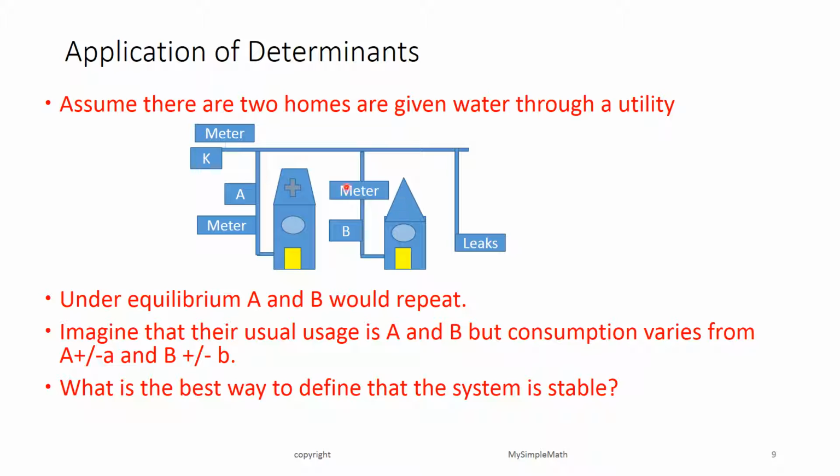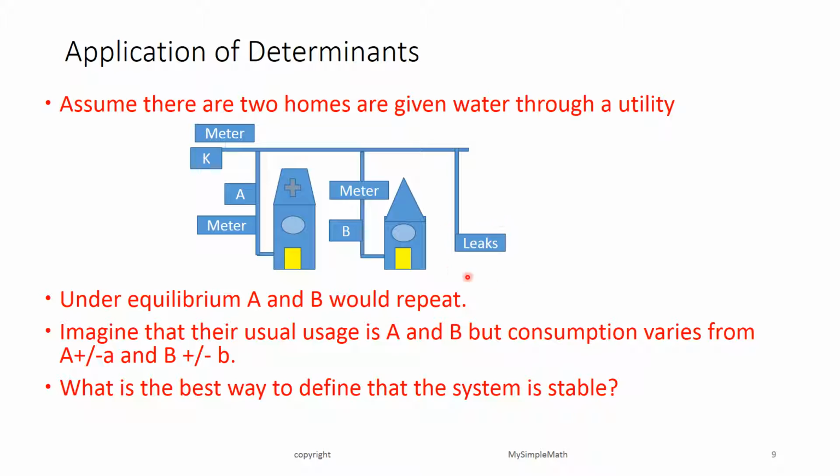And these are being supplied by bulk fill, which has a meter also called K. So negative consumption is not allowed. Negative consumption, obviously, you can't have water going from here to here. So it's just coming one way, and it's being used up here in these two homes.